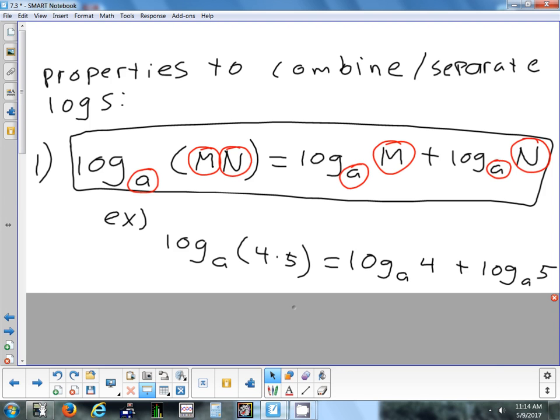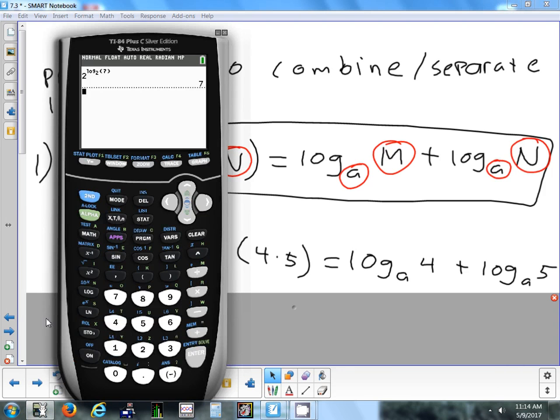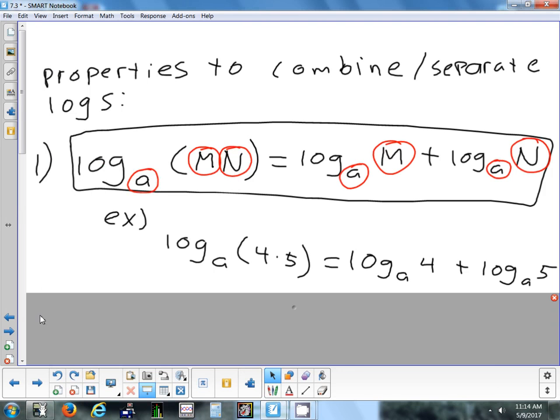And I'll do this on the calculator just to show you that this works. Now, to keep it simple, I'm going to use a base that the calculator can do, but you could use any base you want, and this would work. How could I keep it simple using a base the calculator could do? What base could I use? 10. So I'm going to do this with base 10.